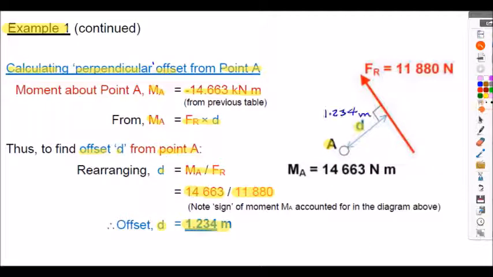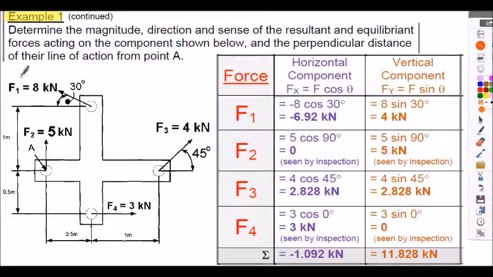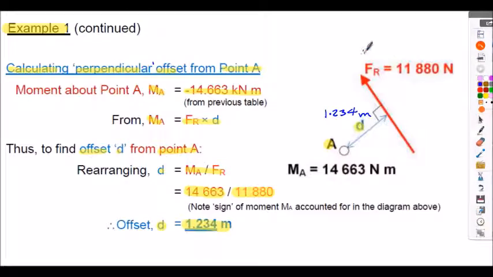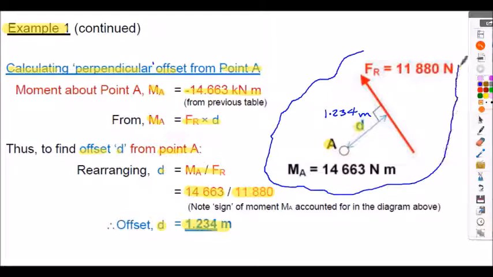So essentially what this process has done has taken this system of forces here, the four forces applied at various locations around our structure, and it simply replaced that system with this force located at this distance from point A. As I said, in some analyses in industry, that's a useful simplification that we can undertake.